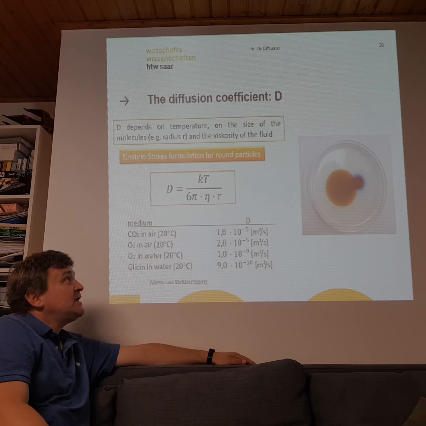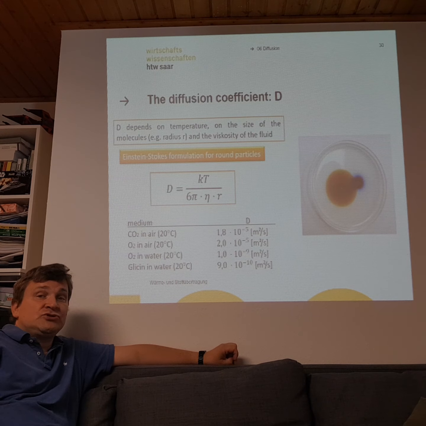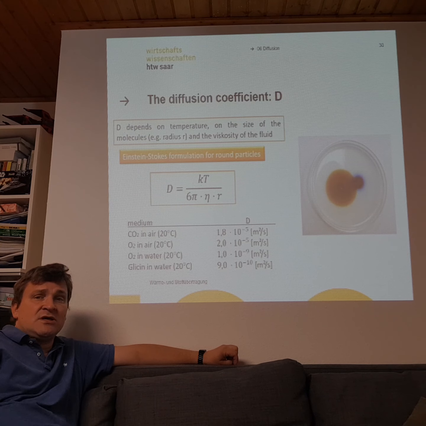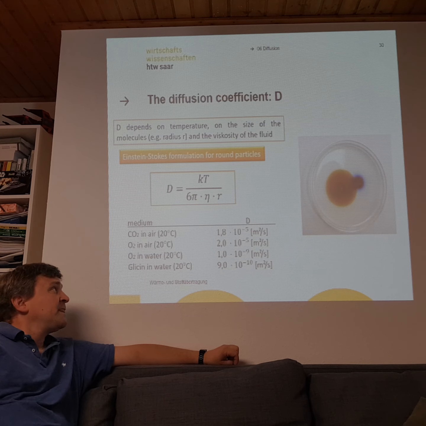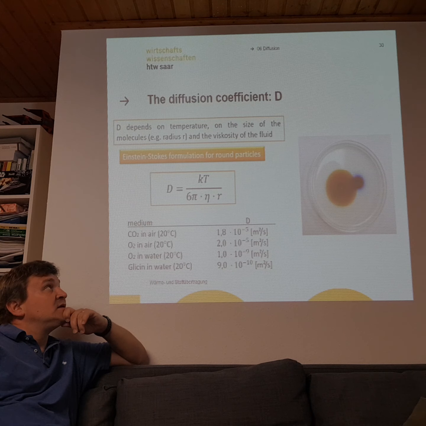Okay. Here's another effect where you can see diffusion. I gave you the example with a lump of sugar, and I gave you the example with a magic marker ink. And here you can make also a new experiment.